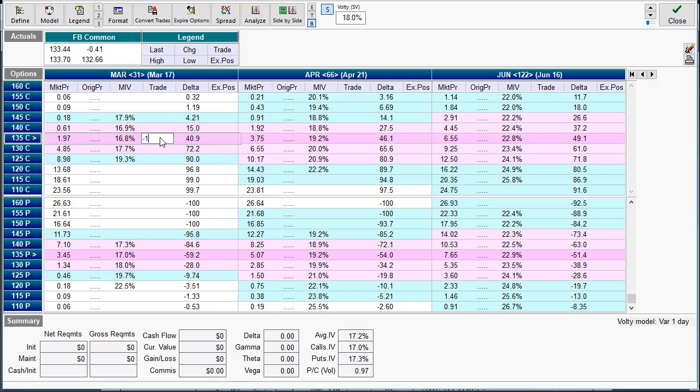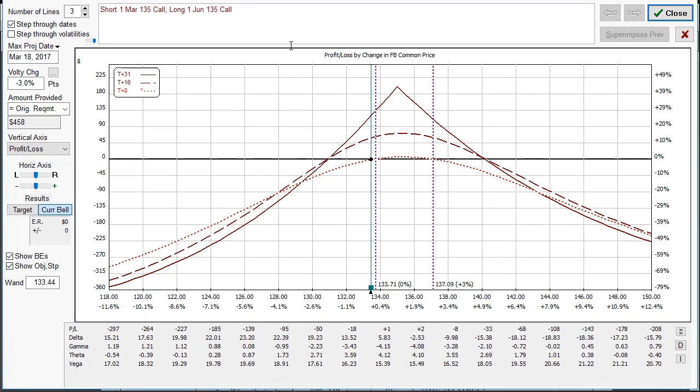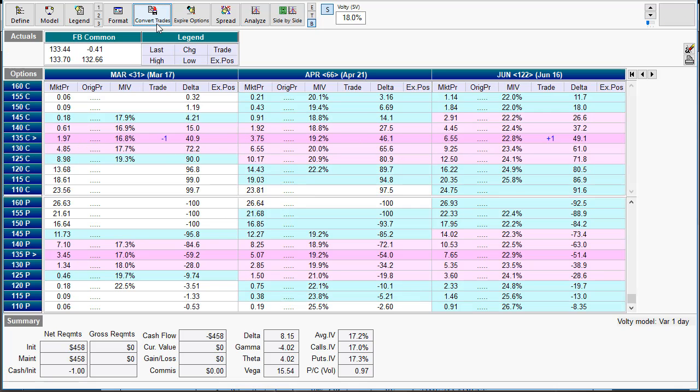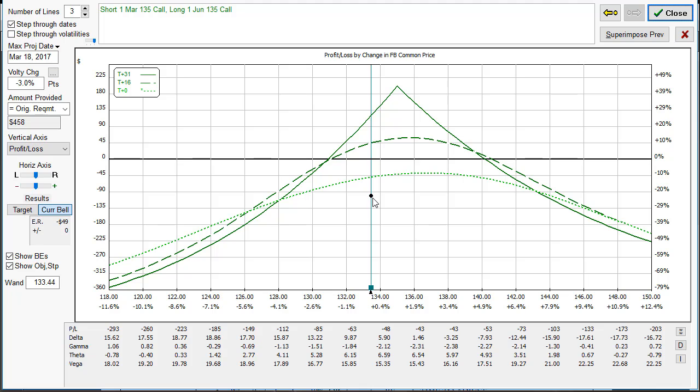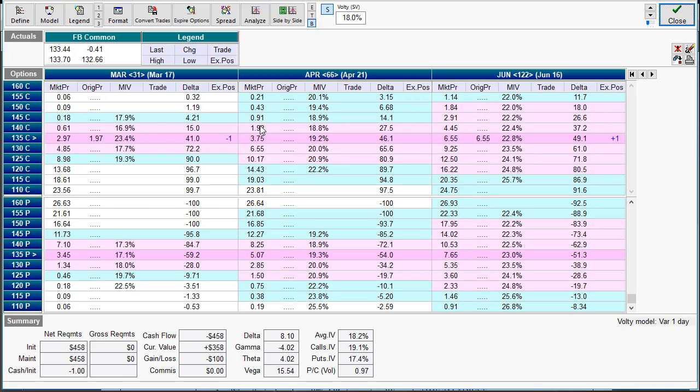Because if I sell this one for $1.97, I buy this one for $6.55, and some big news event comes out, and all of a sudden Facebook reacts positively or negatively to it, these front month options will react much quicker and much more responsively than these back month options. So if that implied volatility goes up to 29.7 and the back month increases to 23.4, well, look at what happened. Now I am vastly underwater and nothing happened on the price except volatility changed.